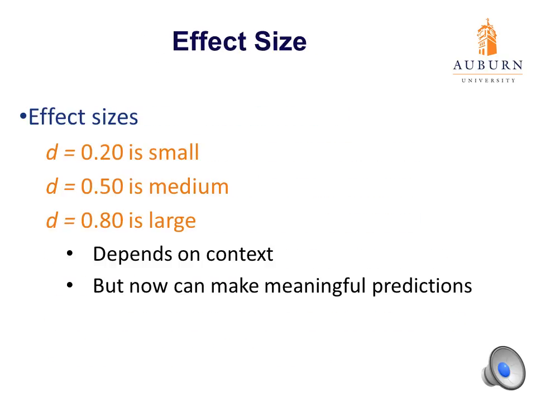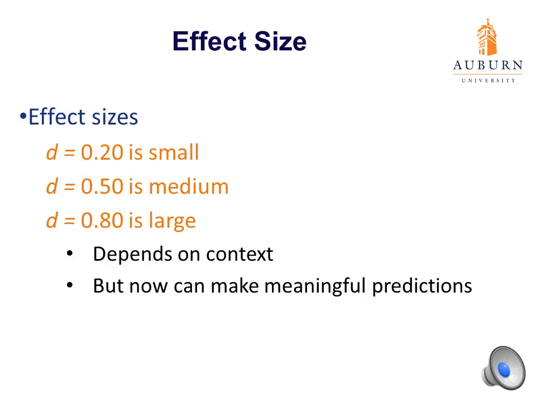To determine whether effect sizes are small, medium, or large, Cohen gave us some conventions for us to follow. In other words, some rules of thumb of how to categorize effect sizes. So if our effect size is around 0.2, we'll say that it is small. If it's around 0.5, we'll say it's medium. And if it's around 0.8, we'll say it's large. And so whether it's small, medium, or large will depend a lot on the context itself, but in the behavioral sciences, we tend to use these particular 3 rules of thumb to categorize effect sizes.